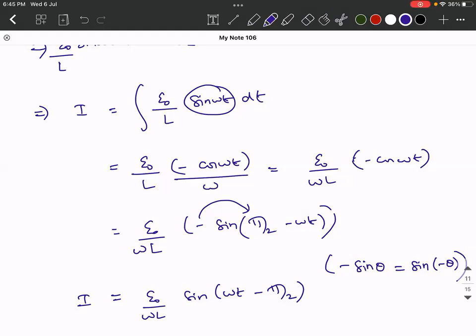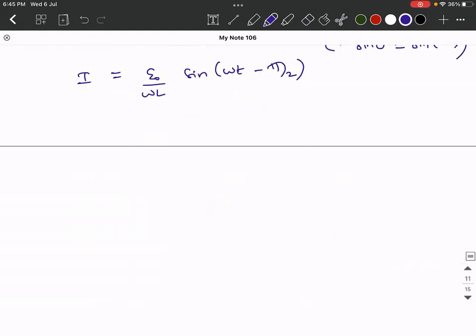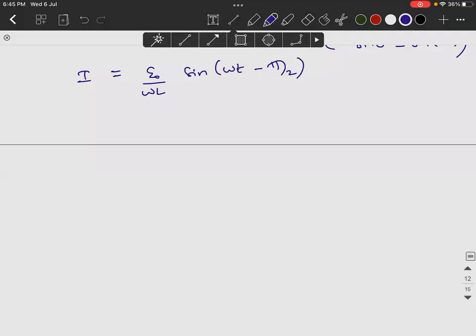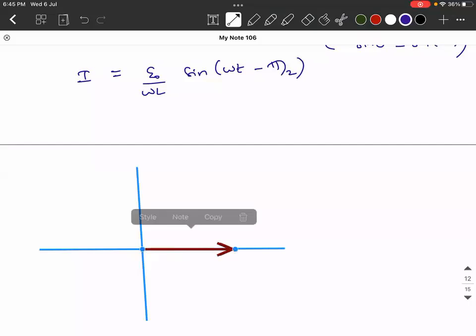So proceeding with the next part. These are the basics. So if I draw a phasor diagram, there is a value of E, then it should stop at an angle of omega t. Then what about I?